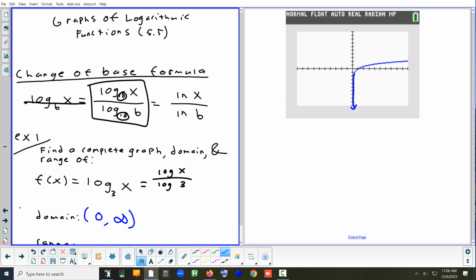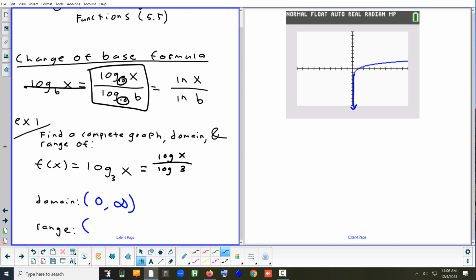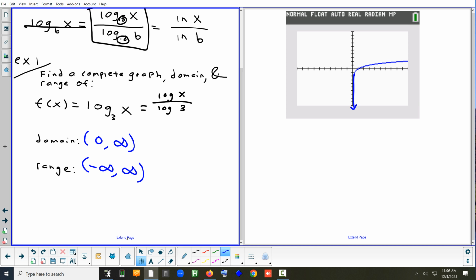How about the range? What's the range on that? Yeah? Yeah, so your range is going to be all real numbers. And it might not look like it's going to go up forever, but it does. Okay, there are no horizontal asymptotes in a log function, ever. Well, how quickly does a log function go up?